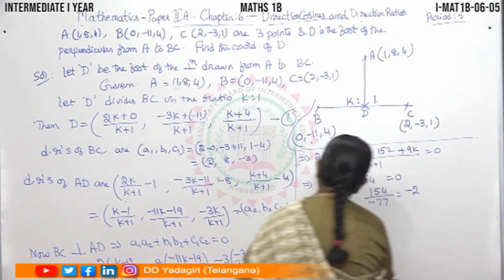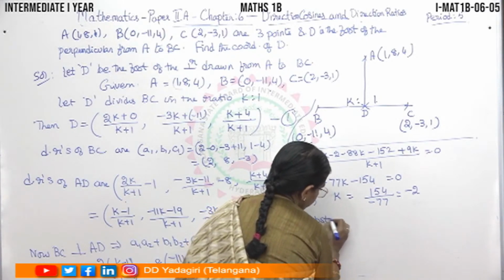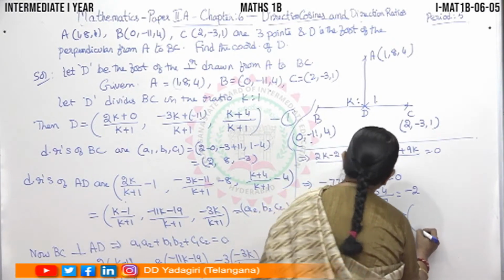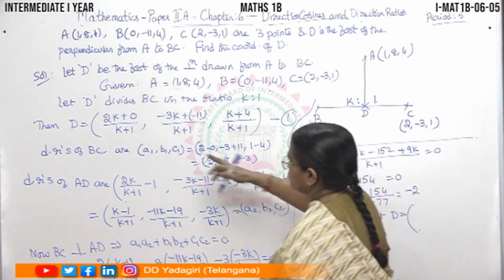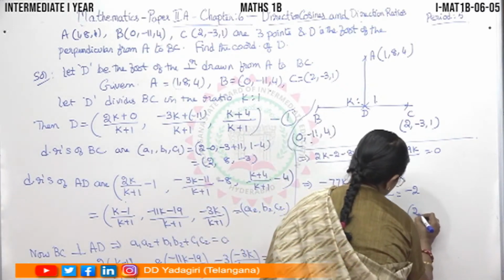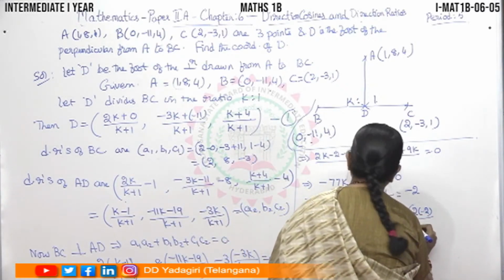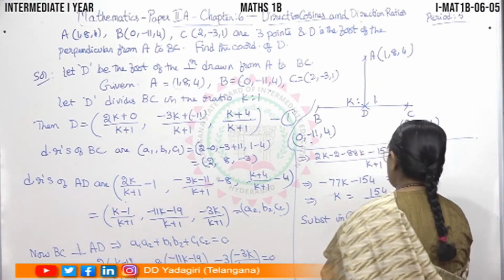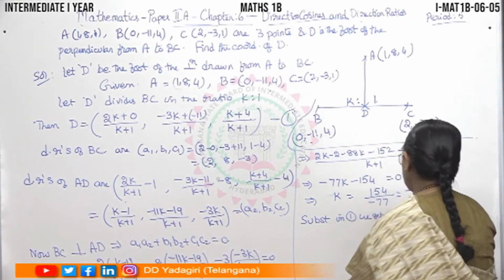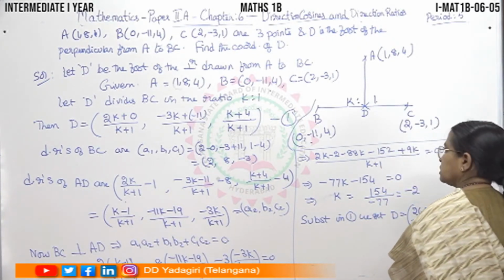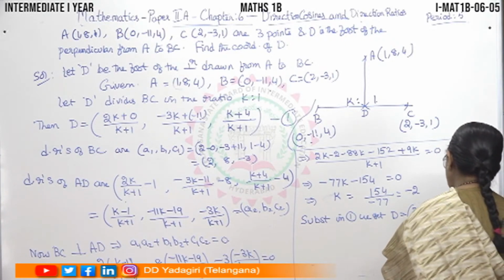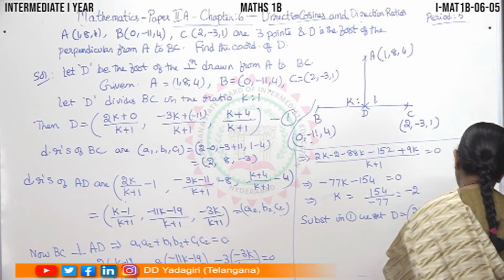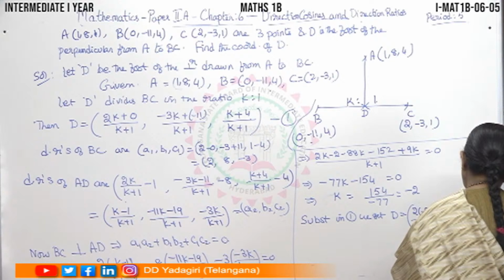Now substituting the value of k in 1, we get the D value. Write k as minus 2. So it is 2 into minus 2 by minus 2 plus 1, and then minus 3k, which is minus 3 into minus 2, plus 6, so 6 minus 11 by minus 2 plus 1, and then minus 2 plus 4 by minus 2 plus 1.